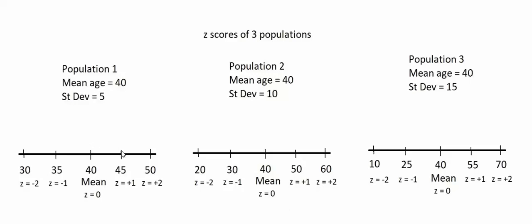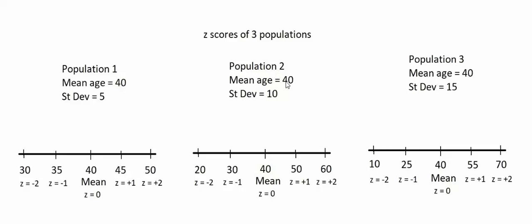Now let's go to population 2. We're imagining population 2 has a mean age of 40, but a standard deviation of 10. Well, in this population, a 40-year-old would have a z-score of 0 because they're at the mean of their population, their average. And if you go up by 10, you're 1 standard deviation above the mean, and that age is +1. And if you start at 40 and go down by 10, you're 1 standard deviation below the mean, and you're at -1.